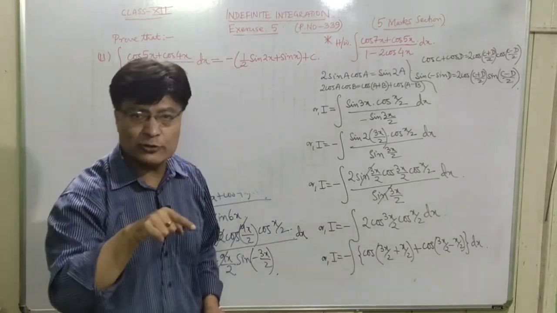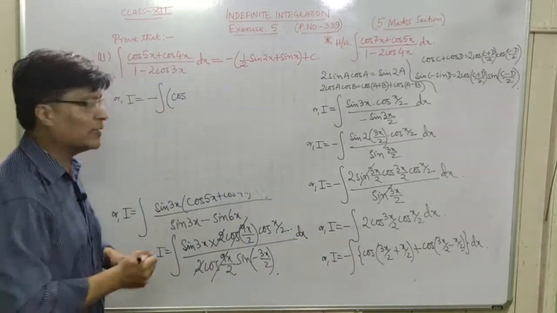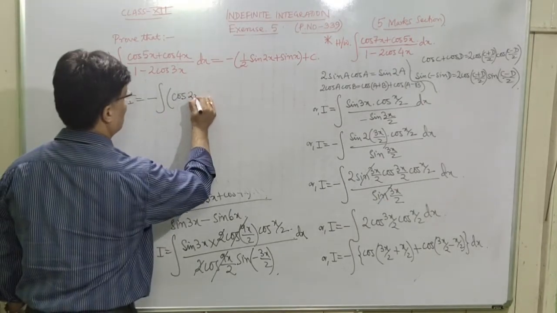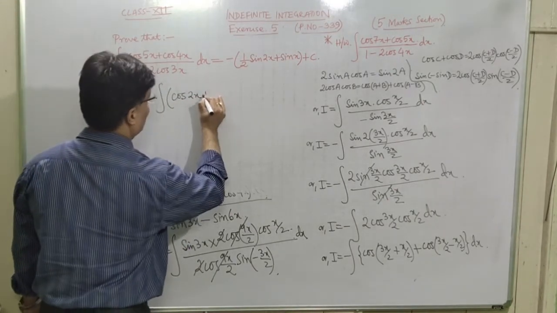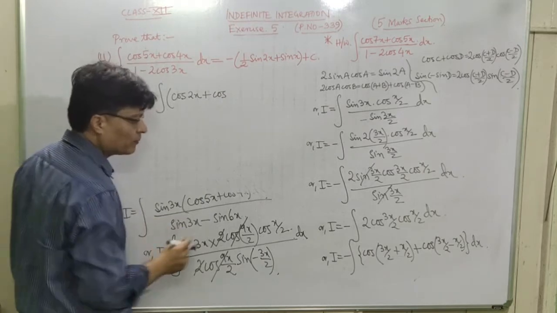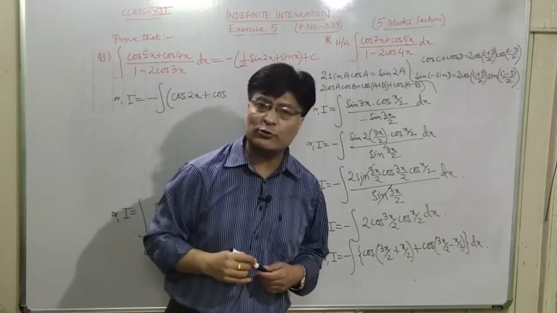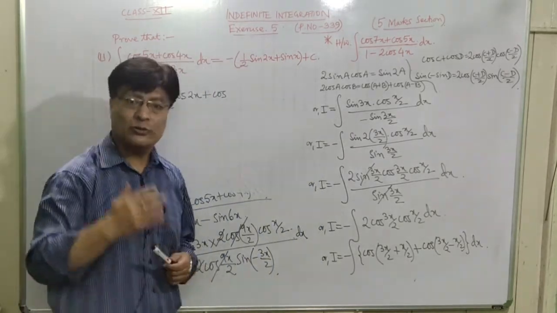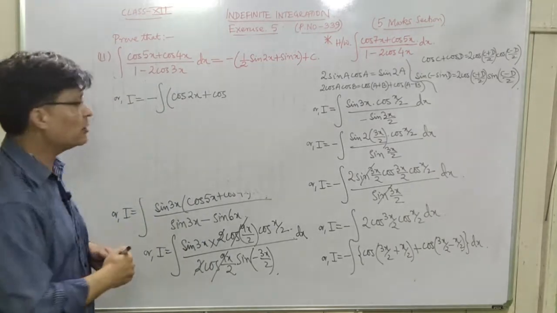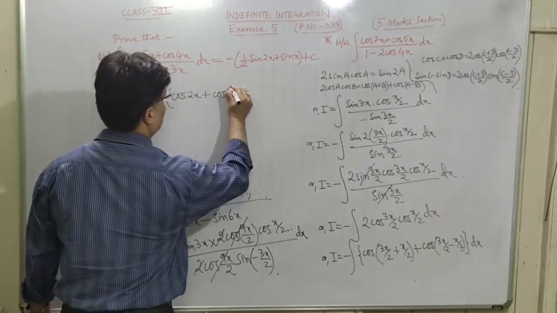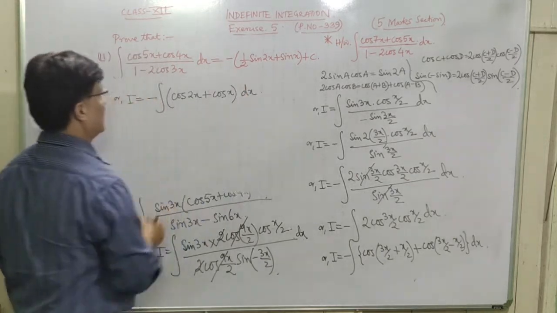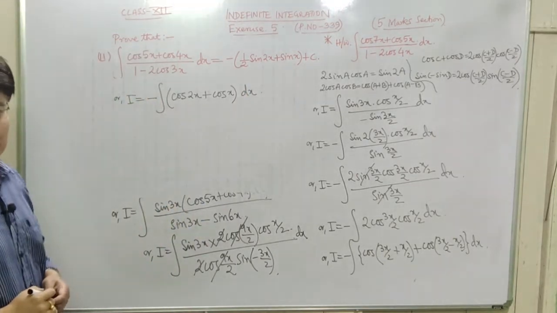That is 4x by 2, so after simplification you will get 2x. So it is cos 2x plus cos of 3x by 2 minus x by 2. That is 2x by 2, and after simplification you will get x only. Cos x, bracket close, then you should write dx here. So I think you have understood it.